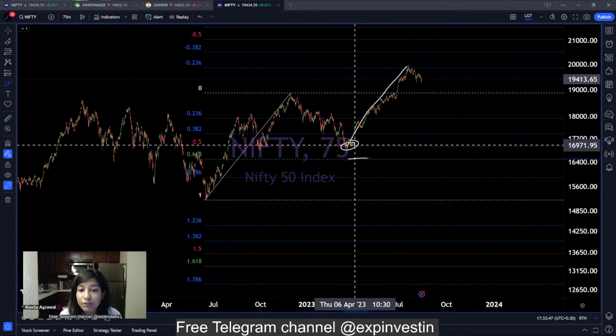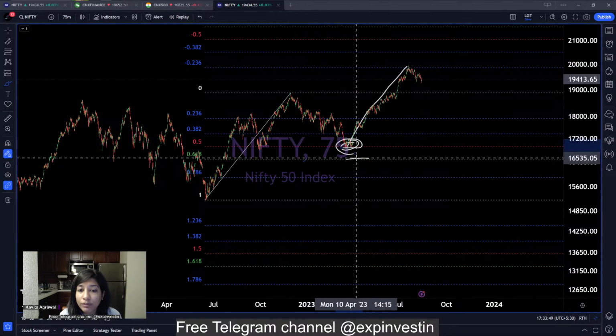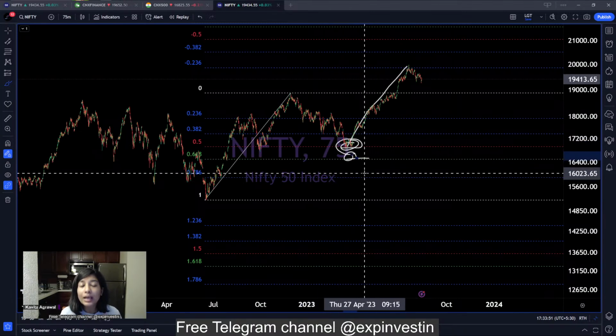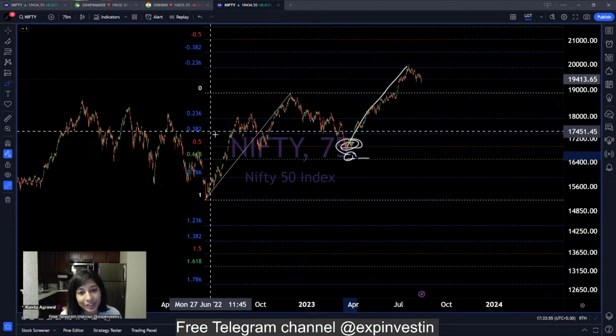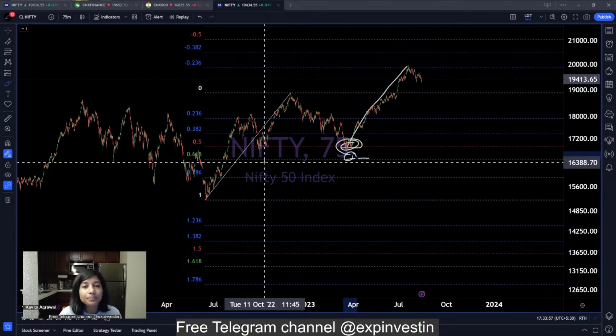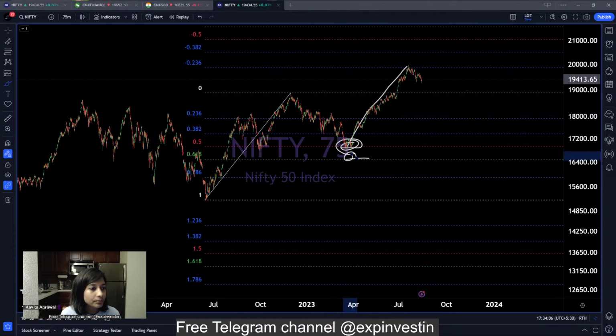In that case, if the prices come down to the level of 50% or 61.8%, then that becomes a very good buy on dips opportunity for you. And this applies both ways. It applies in a bullish scenario also, it applies in a bearish scenario as well.